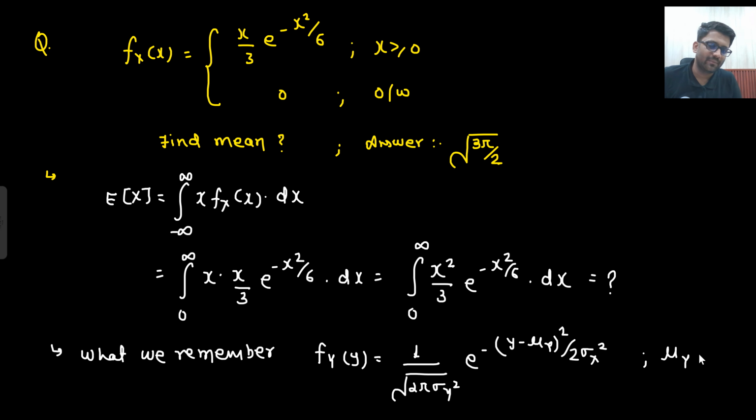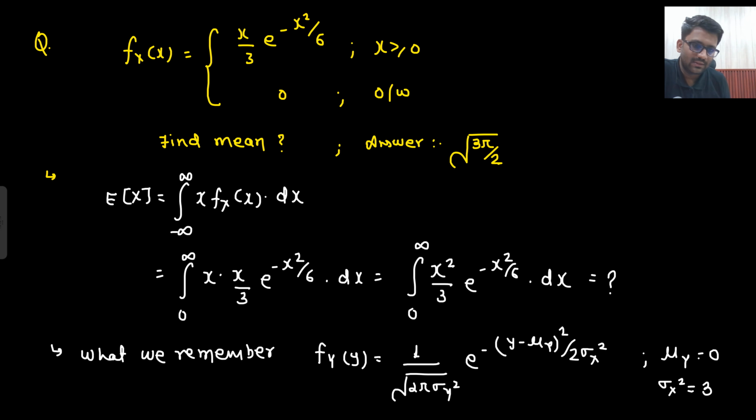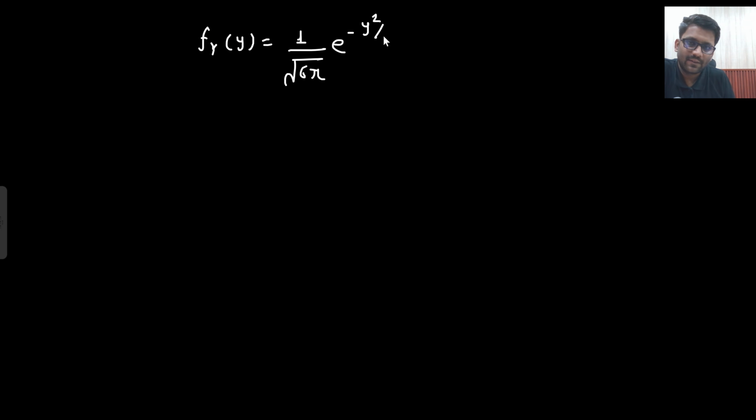So directly I can see that mu y should be equal to 0, and sigma y square should be equal to 3. So fy of y is coming out to be 1 by under root 6 pi e to the power minus y square by 6, right?